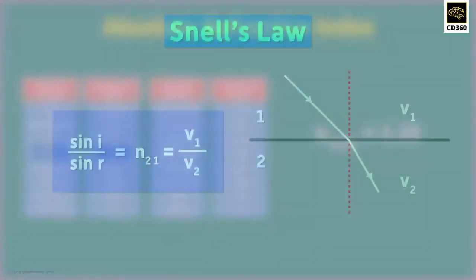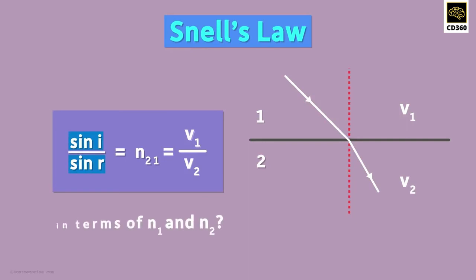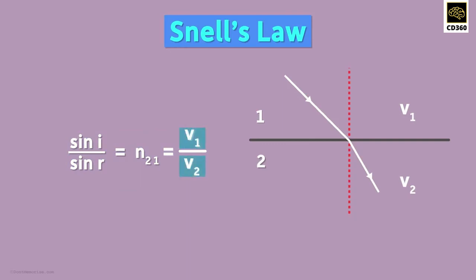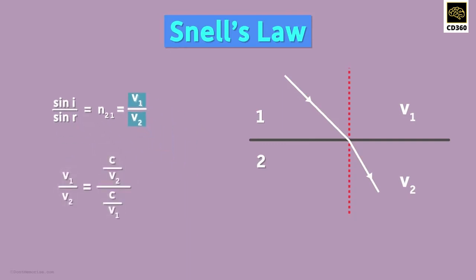So can we find this ratio in terms of n1 and n2? Yes, we can. We just use some very basic math. We can write this ratio like this, where c is the speed of light in vacuum. Yes, if you simplify this ratio, we will get v1 over v2. And can you guess what the numerator and the denominator are equal to?